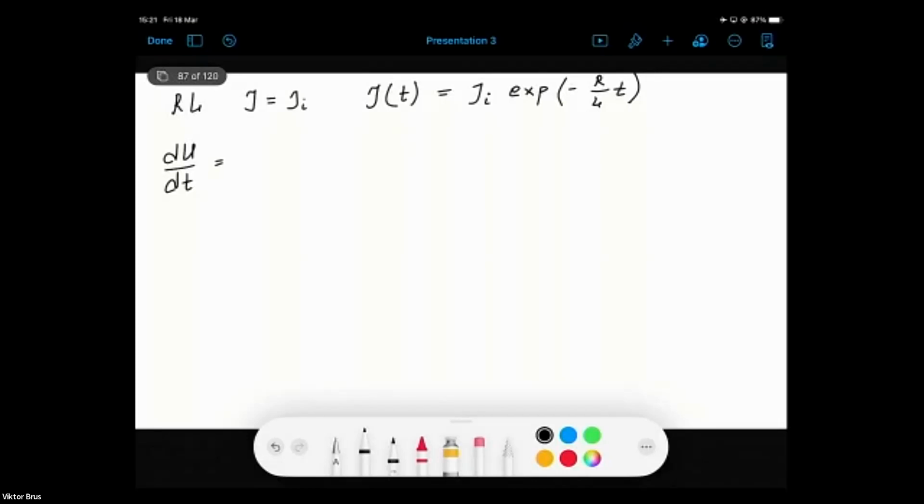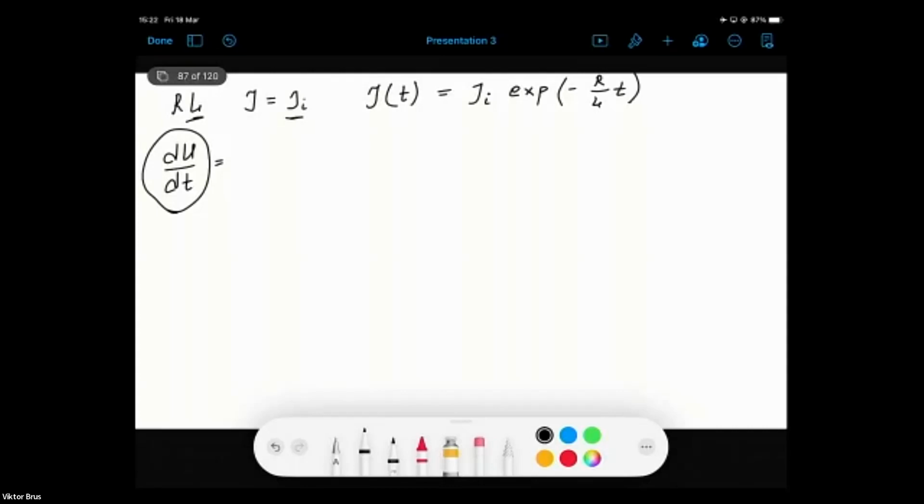That is our power, and we can consider this as the change of energy of the magnetic field which is accumulated in the inductor L. Because if we have stationary condition with current I initial flowing through the circuit, as we discussed on the previous slide, there is certain magnetic field energy accumulated in the inductor of this electric circuit.